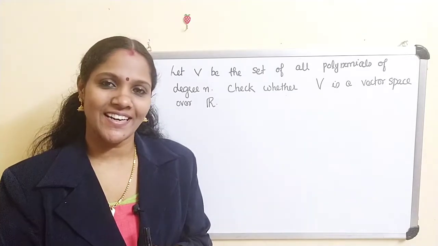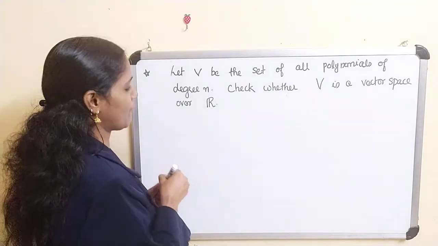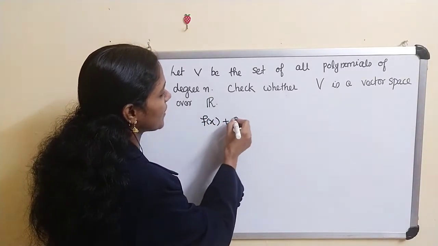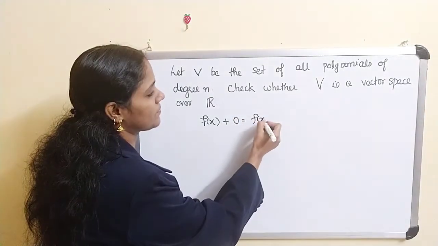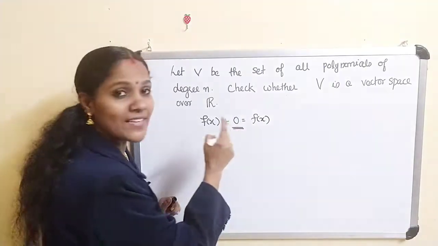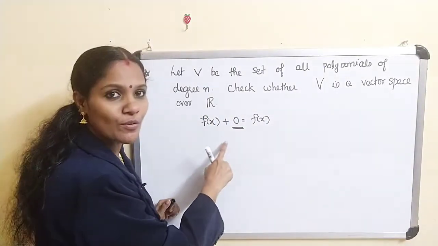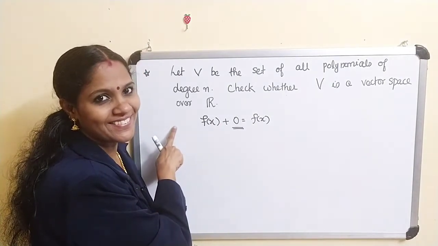What about the identity element? For any polynomial f(x), f(x) plus some zero equals f(x). But zero is a polynomial that is not of degree n.